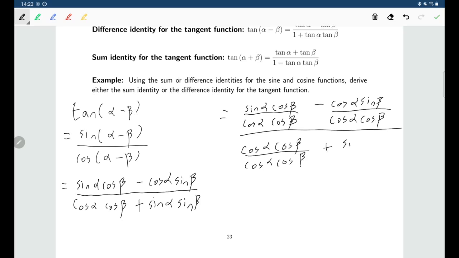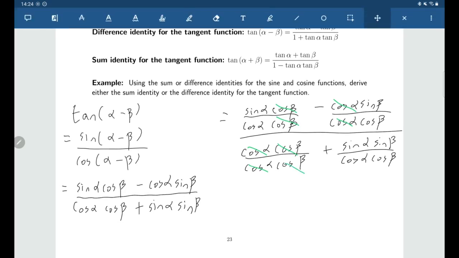So let's just write this down. And then we'll do our canceling. So we can see in the numerator that there's a cos beta over cos beta that cancels, and a cos alpha over cos alpha that cancels, another cos alpha over cos alpha, and a cos beta over cos beta.